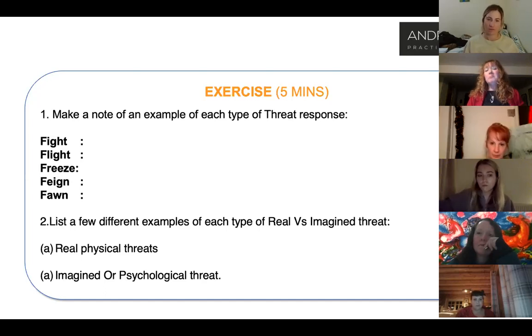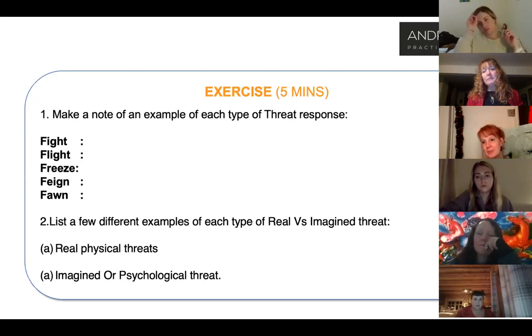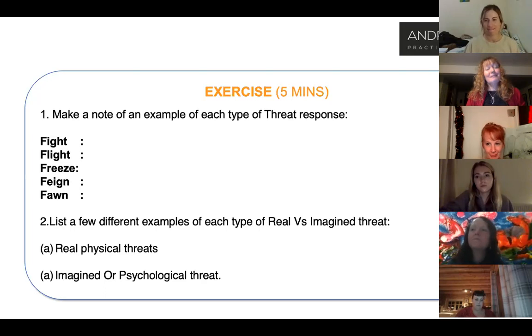Okay. As I say, car accidents, getting out of the way of something, being chased, all of those things are physical threats. What about the psychological threats, perceived psychological? Phobias. So like small animals like spiders, they don't do much, but you are fearing them. So that's a psychological thing.